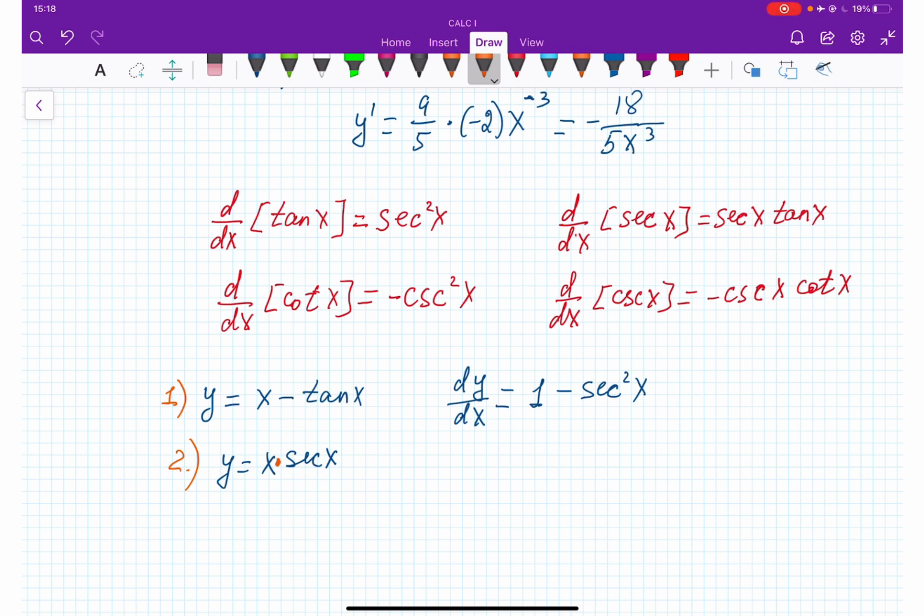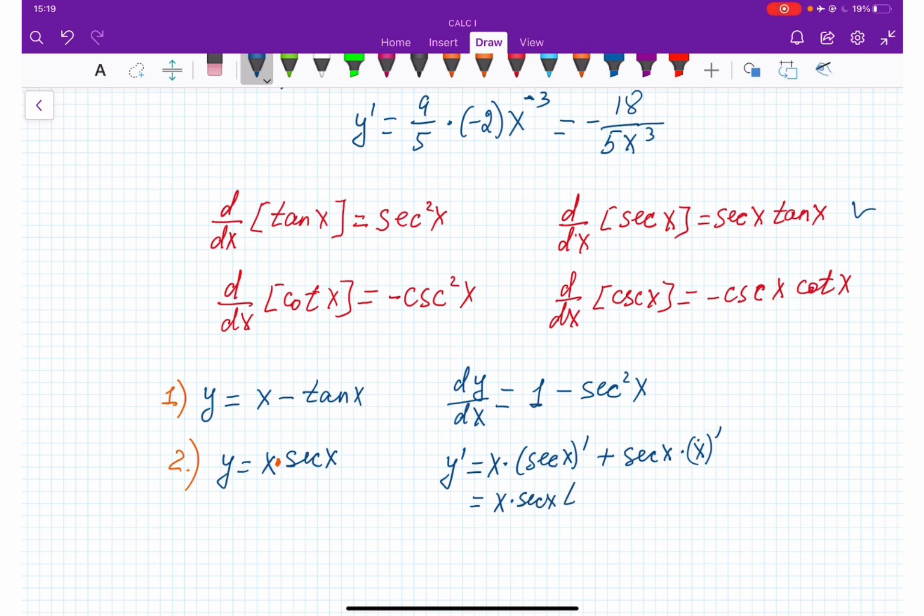So y prime here is going to be equal to x times the derivative of secant x plus secant x times the derivative of x. So we are going to get x times the derivative of secant. Where is it? Right here. It's going to be secant and tangent.